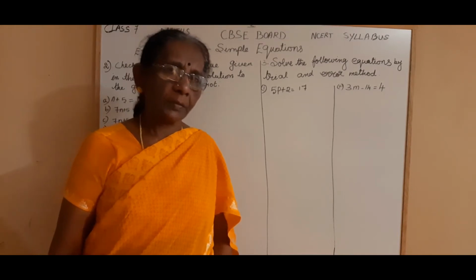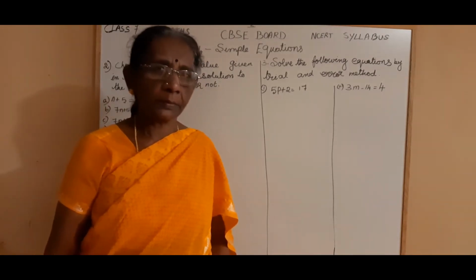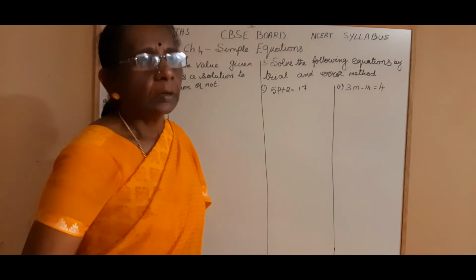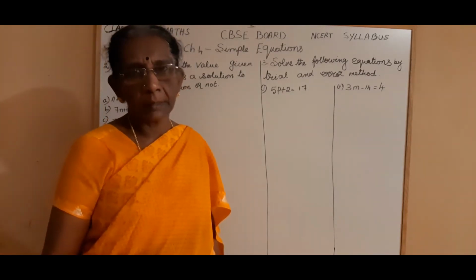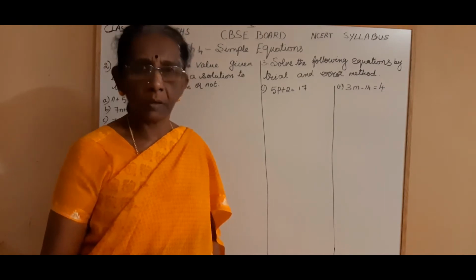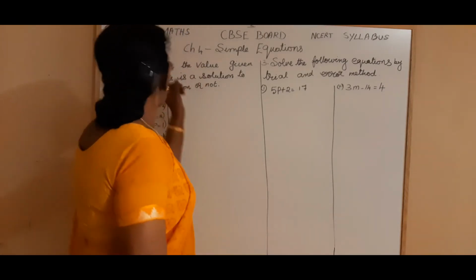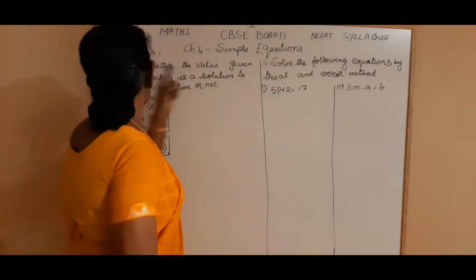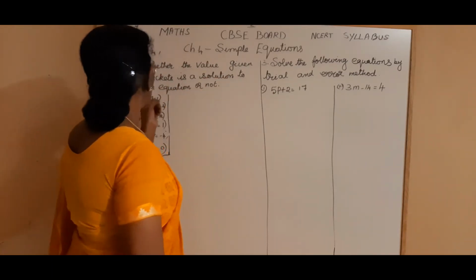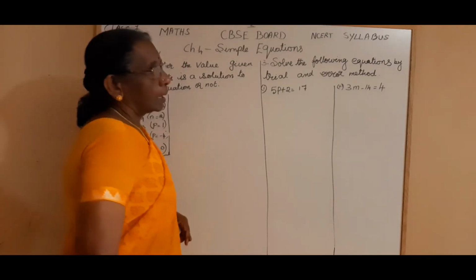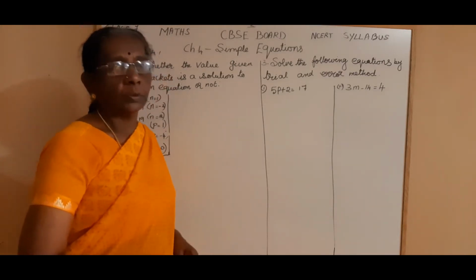In the previous session, we did sum number 1 in exercise 4.1, and in that, we checked whether the given value of the variable is satisfying the equation or not. Here, check whether the value given in the brackets is a solution to the given equation or not. What is the meaning of solution?